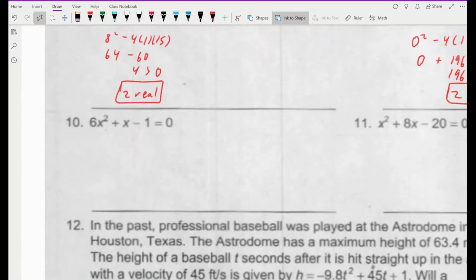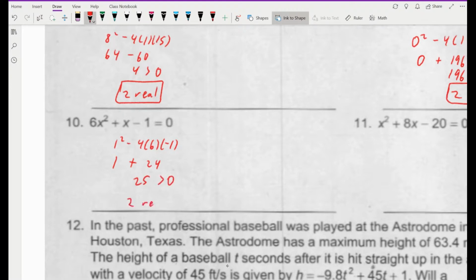Number 10. 1 squared minus 4 times 6 times minus 1. It's a negative 4 times 6 times negative 1. We get a positive 24. So it equals 25. Again, that's greater than 0.